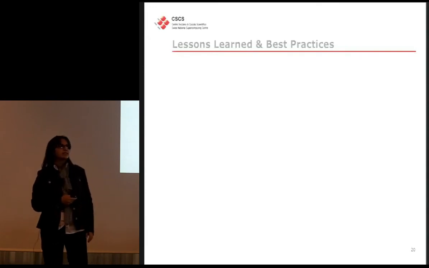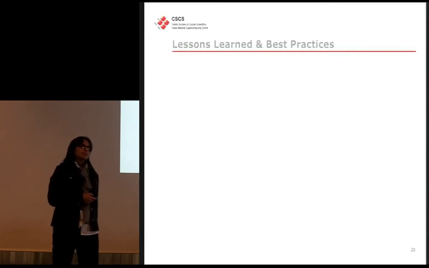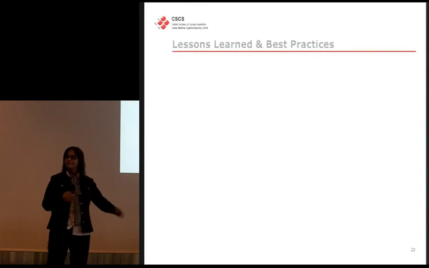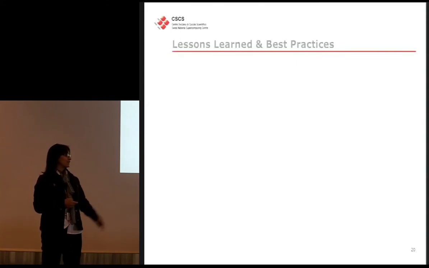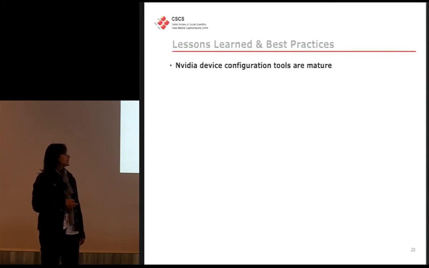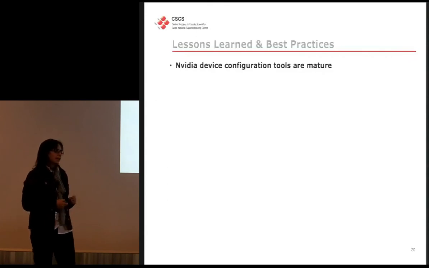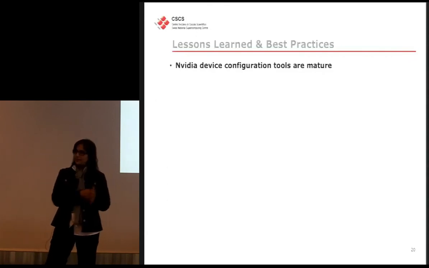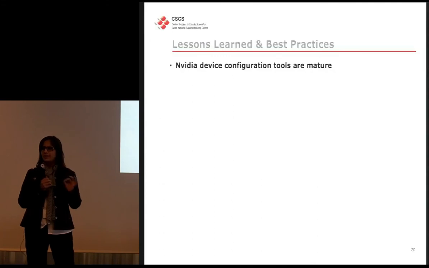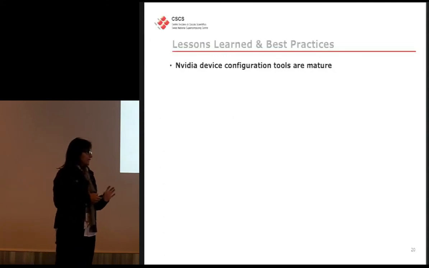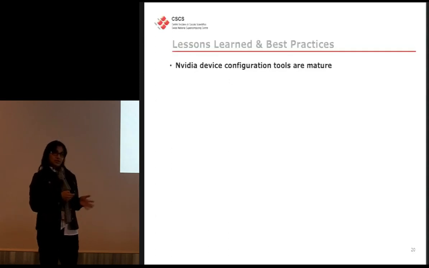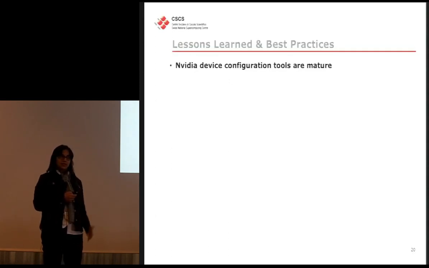So this is my final slide. So what we have learned in the past few years working on different GPU systems and working with vendors and NVIDIA. On the GPU side, as you see, there are so many configuration options available to you that you can use and that could benefit your application.